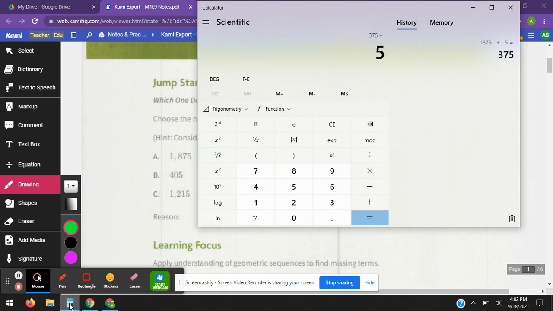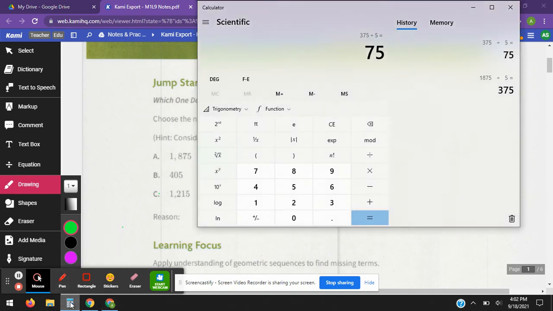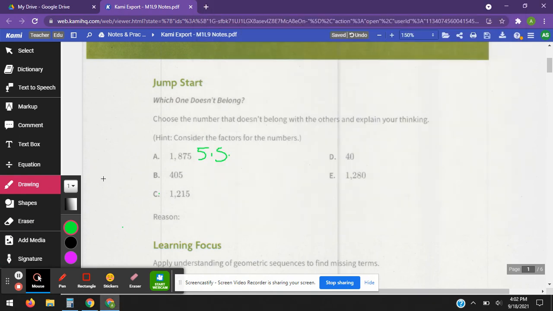That's got another 5 on the end, so let's divide 375 by 5. 75. If I keep going, 75 divides by 5, 15 times. And 15 is 5 times 3. So I do 5 times 5, so 25 times 25 times 3 gets me 1875.